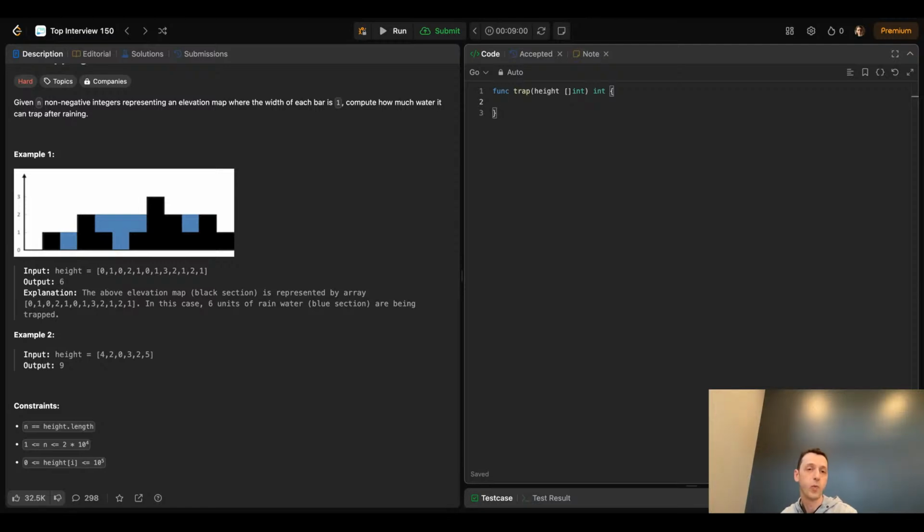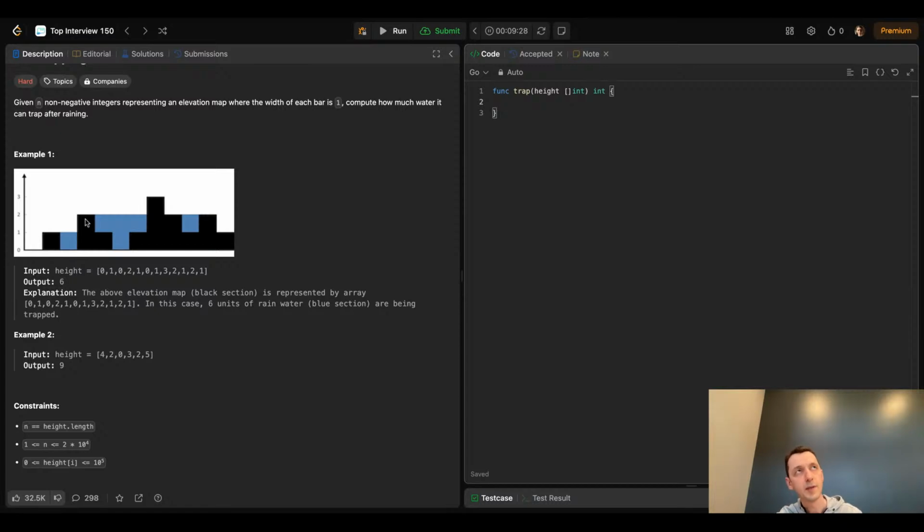If we do find a higher wall down the road, that means that's how much we can store. We know the shorter one is the level we can hold, yeah. So then we'll go from that one.